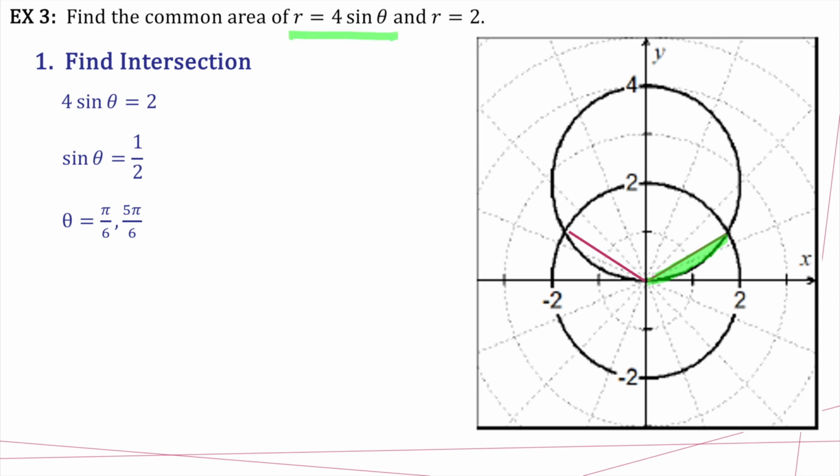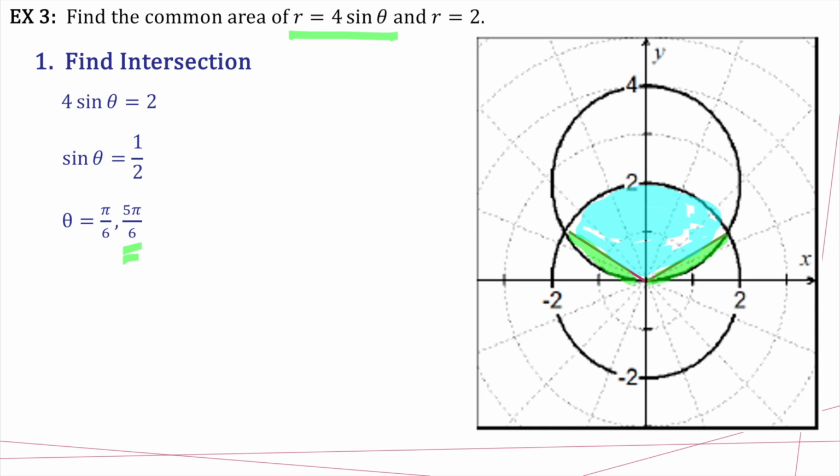And between 5 pi over 6 and pi, the only thing that's involved is 4 sine theta again. Between the two, the only thing that's involved in this middle section is r equals 2.